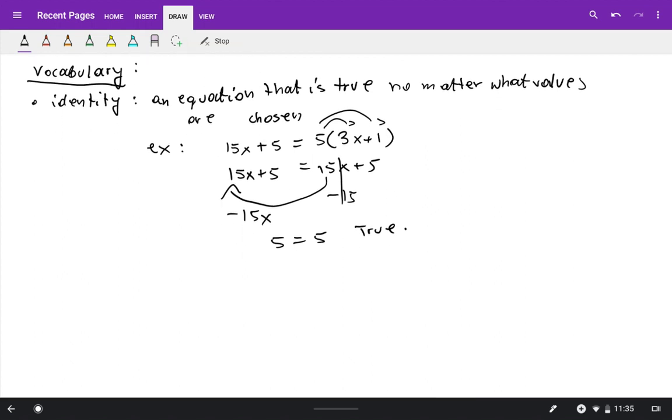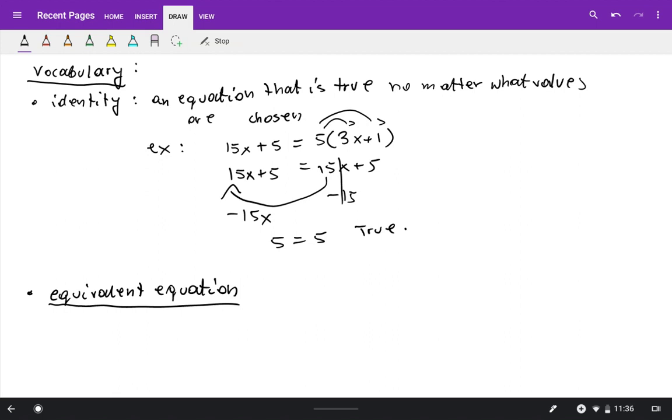Okay, and equivalent equation, let's just put one extra, because I'm assuming everybody knows what an equation is, so I'm just putting something that may require review.